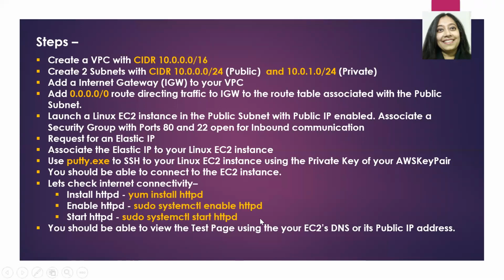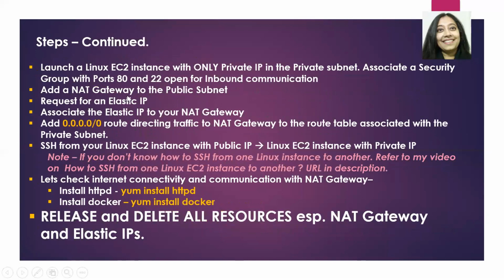The next set of steps is provisioning the EC2 instance in a private subnet, adding a NAT gateway, requesting an elastic IP for the NAT gateway.